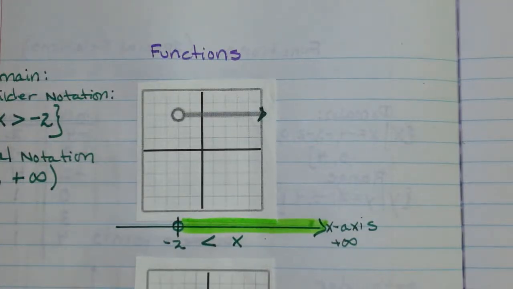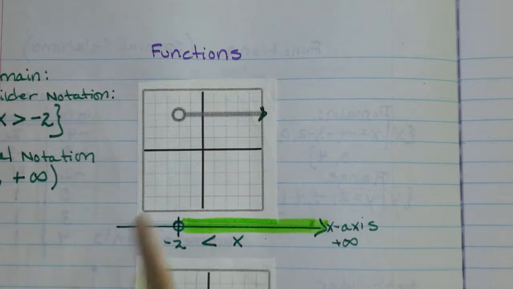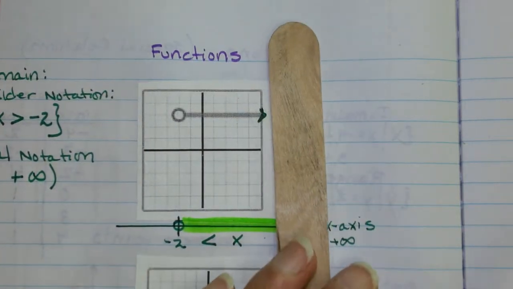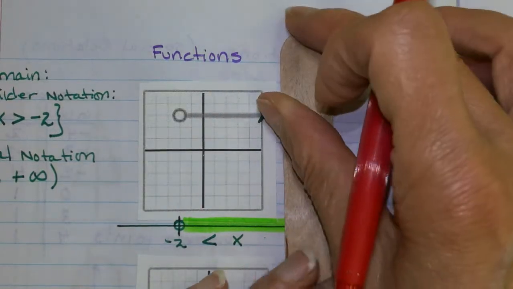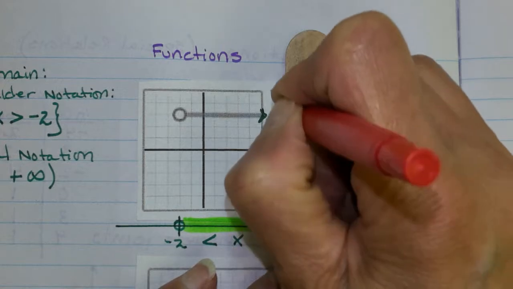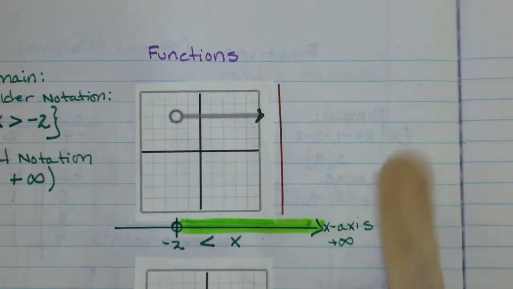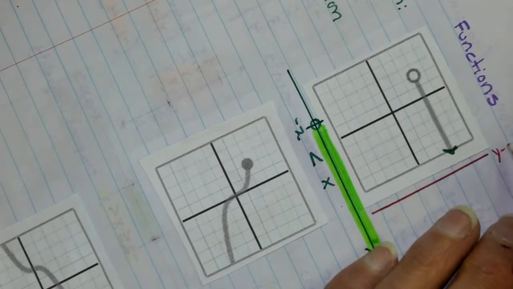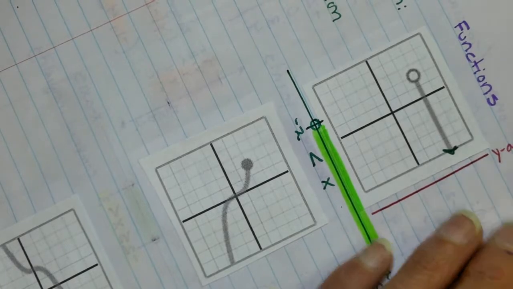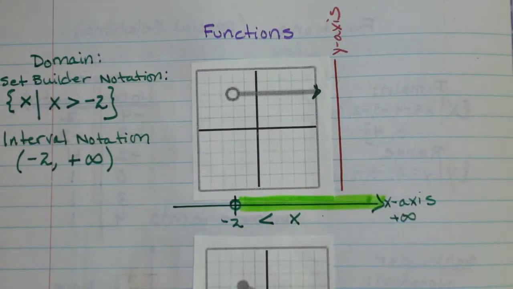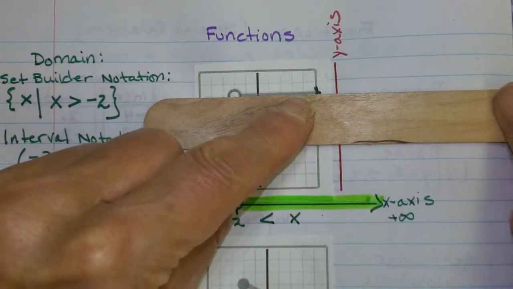So now I'm going to talk about range. My range I discover on my y-axis. So I'm going to draw my y-axis off the graph, off to the side. So my y-axis is here. And I just want to know where is my y value.